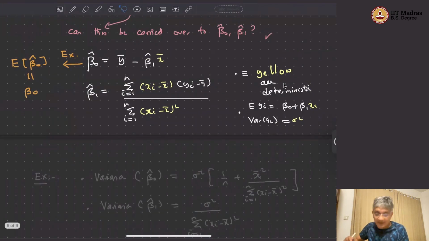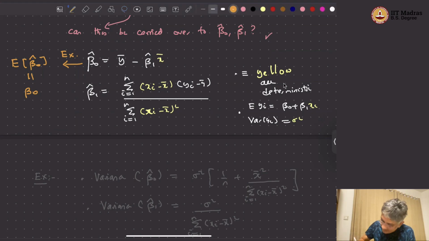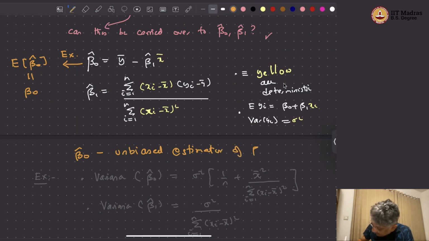And let's come back here. So from this line, I have that beta naught hat is an unbiased estimator of beta naught.